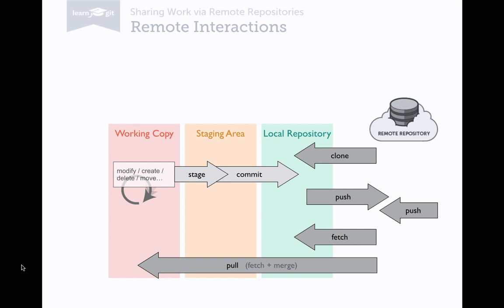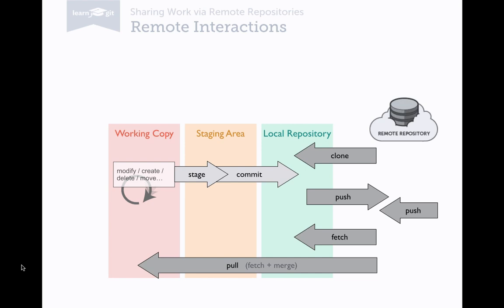And for the other way, for downloading new changes, you have two commands. You have the git fetch and the git pull command. The difference is git fetch only downloads new commits to your local repository, but it doesn't manipulate your working copy, your current head branch. And this is the difference to the pull command. It also does a fetch.